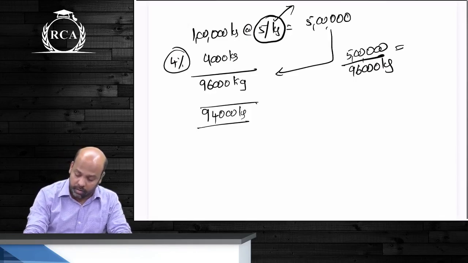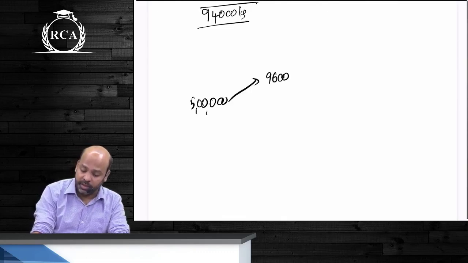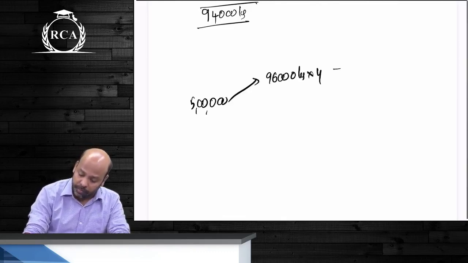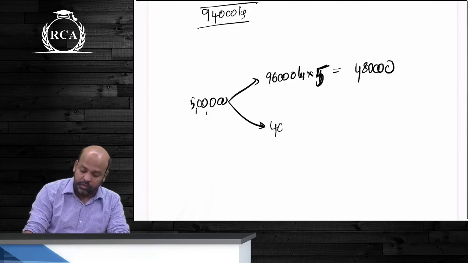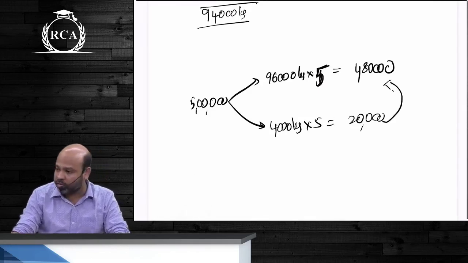See guys, listen, it is 5 lakh rupees, out of which 96,000 kgs at 5 rupees is 4,80,000. What is the cost of the remaining 4,000 kgs, which is the normal loss? This is adjusted to the cost of the remaining units.